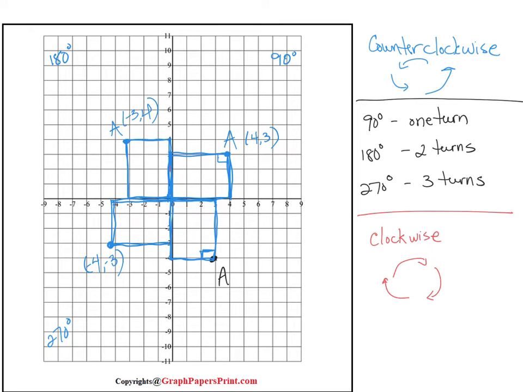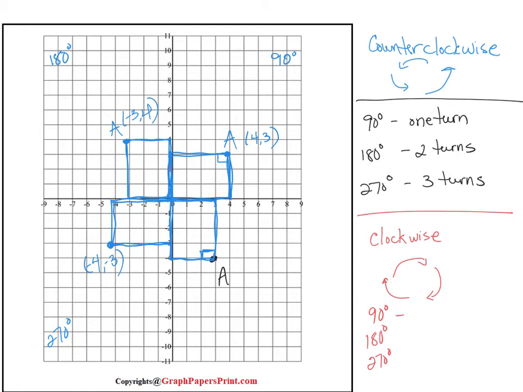Now, to turn clockwise, you will still only be turning or rotating 90 degrees, 180 degrees, and 270 degrees.